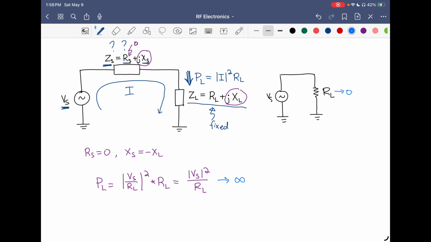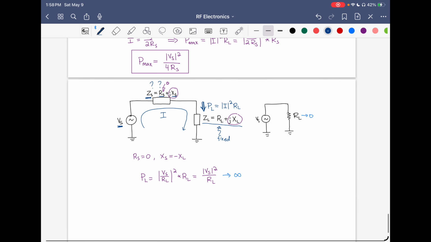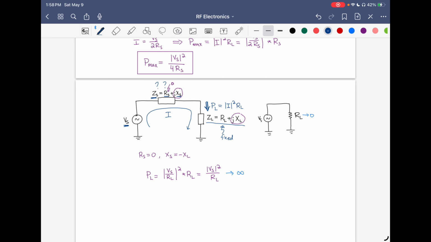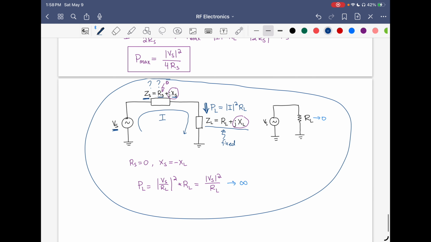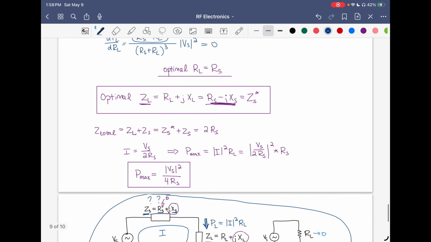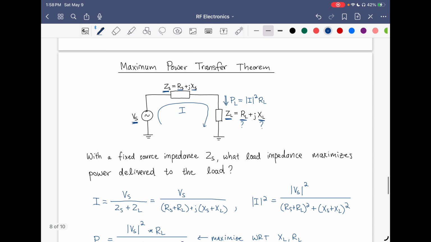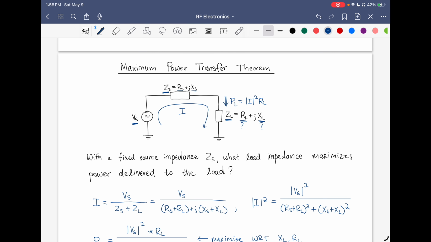So overall, this is an analysis of the maximum power transfer theorem. And this work just shows how the problem changes if instead we consider a fixed load impedance and where we're free to choose the source impedance. Now, in the maximum power transfer theorem, it's not that way.